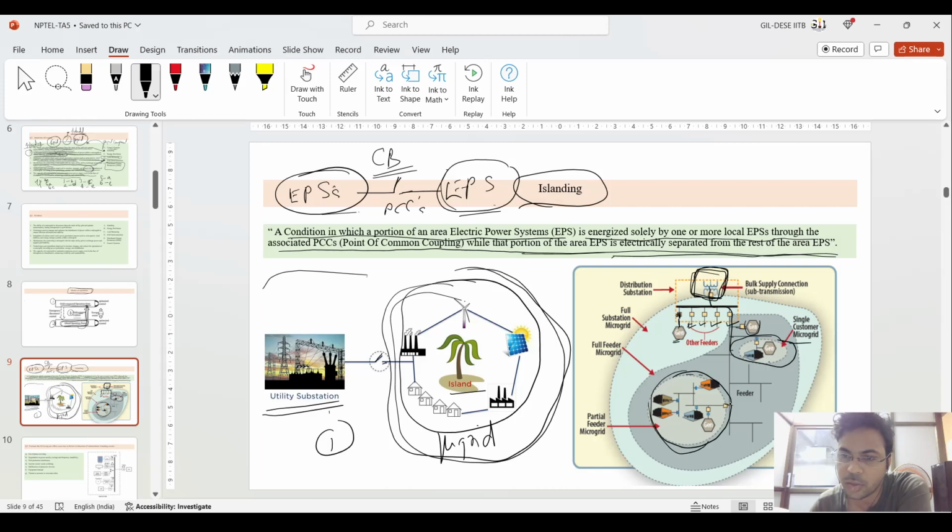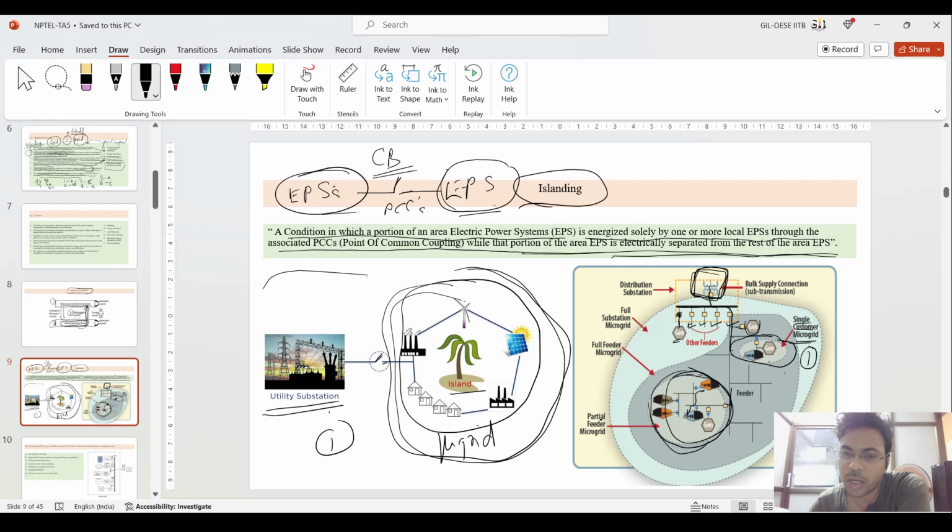And in this partial feeder microgrid, the microgrid has self-generating capacity, is also connected to the grid, and can send power from one generating plant to another within this partial feeder microgrid itself. So the first type of microgrid is the single customer microgrid.